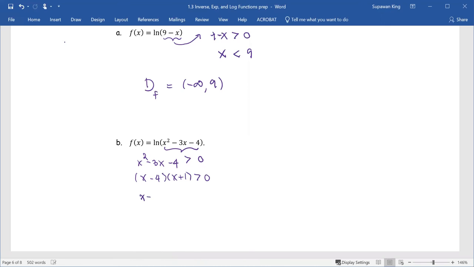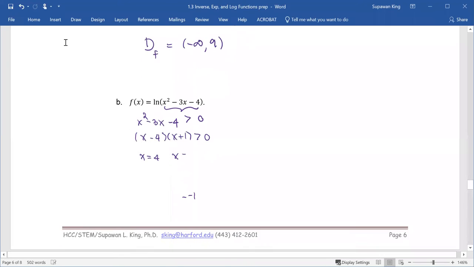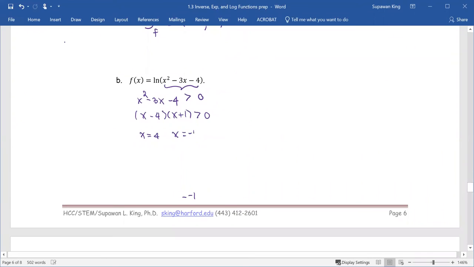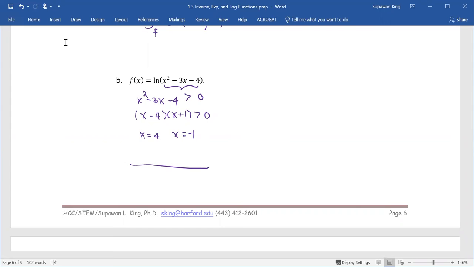The product will be 0 at x equals 4 or at x equals negative 1. Sketch the real number line, negative 1, 4, and analyze the plus and minus signs for each factor.